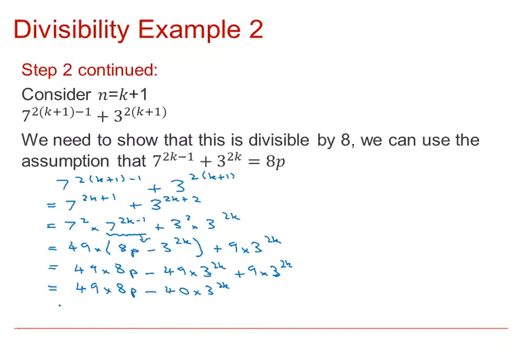And just to clarify the results even more, I'm now in a position to take out 8 as a common factor. So that's 8 times (49p minus 5 times 3 to the 2k). And you can see how we factored out the 8, and therefore this one would also be divisible by 8.